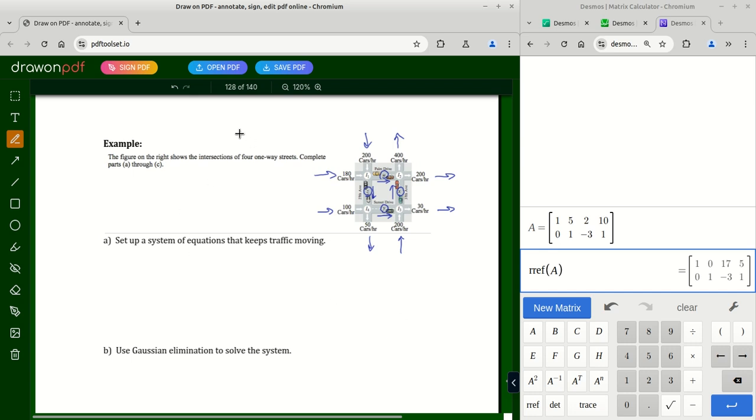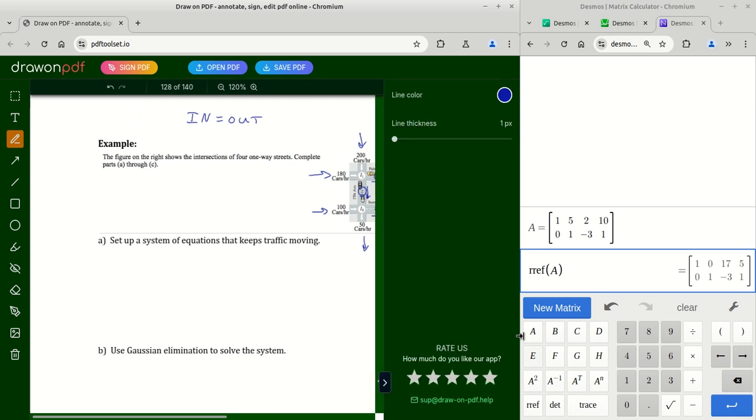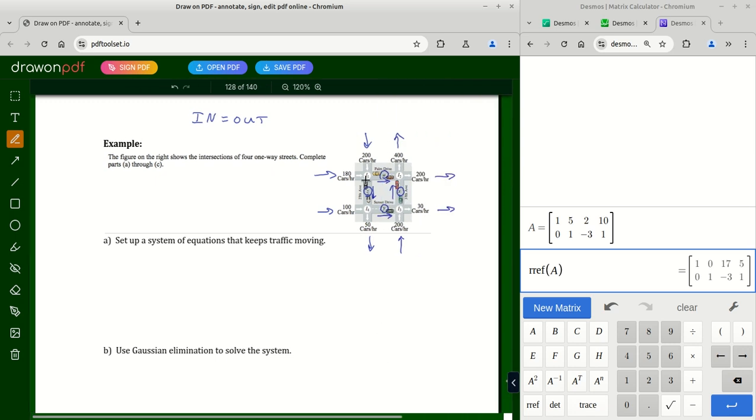Okay, so how this problem works is we're going to do intersections for each one, and each intersection has an equation, in equals out, for each intersection. And I almost want to use a different color so that you understand what I mean by intersection. Nice green. So intersection means this neighborhood. This is the intersection right here, but then I need all the numbers that are nearby it, attached to it.